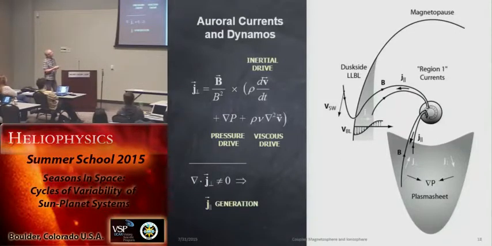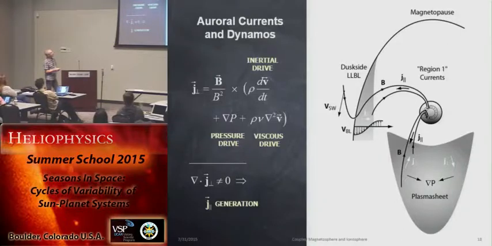Along the edge of the magnetopause, where the flow is moving anti-sunward, more or less, this term can be quite important in generating currents. So there will be a perpendicular current, as shown here, flowing earthward in this projection. And if there's any divergence in that perpendicular current, that's going to go into parallel current or other types of perpendicular current.